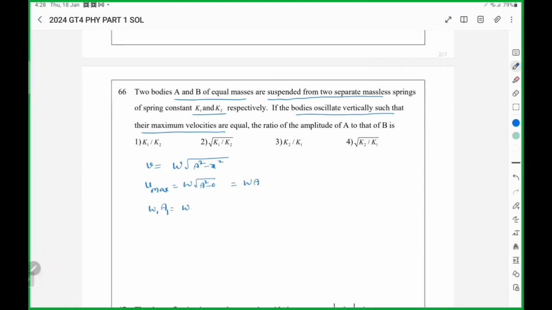Maximum velocity is obtained at the mean position. Since they are different bodies with separate springs and separate spring constants, omega is different, but he told equal mass. So the ratio of amplitude is this.